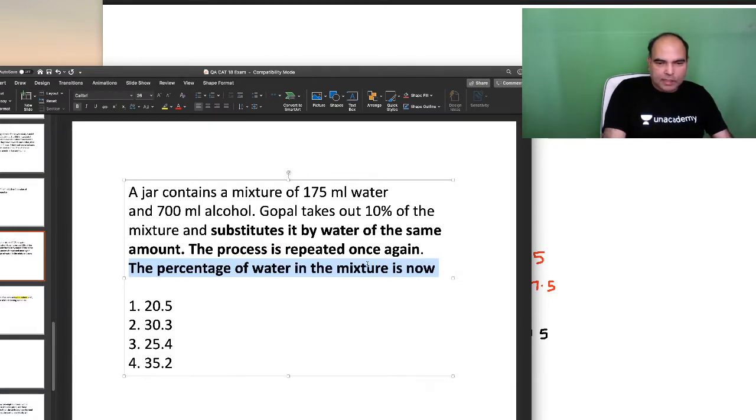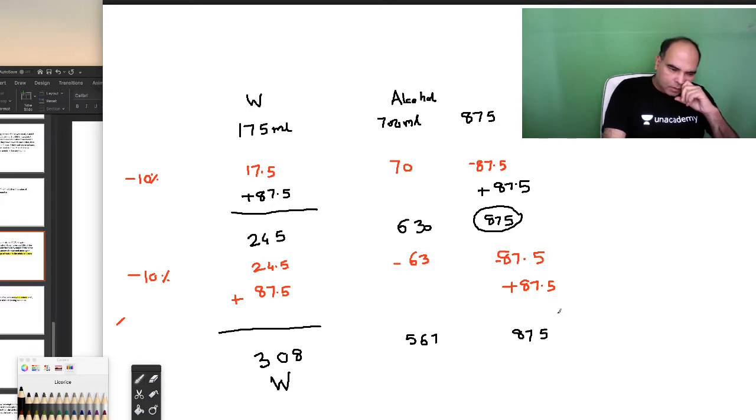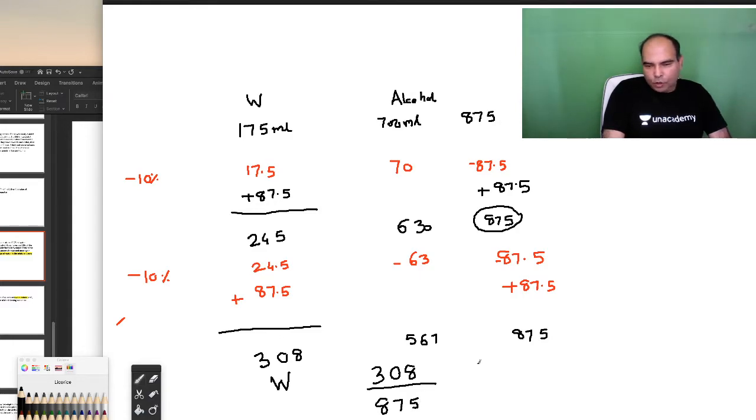The question is asking us this: what is the percentage of water in the mixture now? So when you want to find the percentage of water in the mixture, you have to execute the calculation of 308 upon 875.